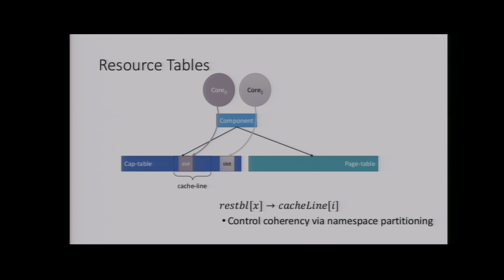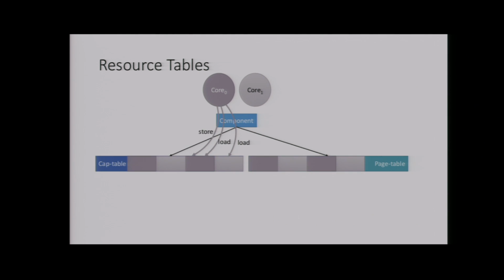There are many policies that we use. The simplest is striping. So now different cores are only allowed to store to different regions within those resource tables. This allows us to completely avoid store contention within the kernel, which is quite nice.